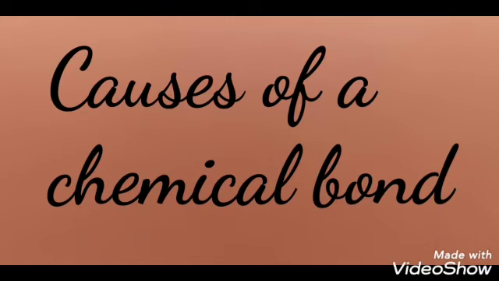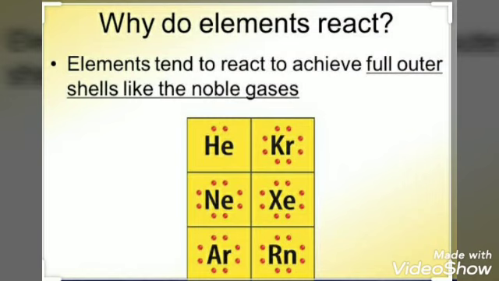Hello students, in this video lesson we will study about the cause of a chemical bond or chemical combination. Everything in this world wants to become more stable. For atoms, stability means having the electron arrangement of an inert gas, as the inert gases are considered to be stable as they do not react with any other element.